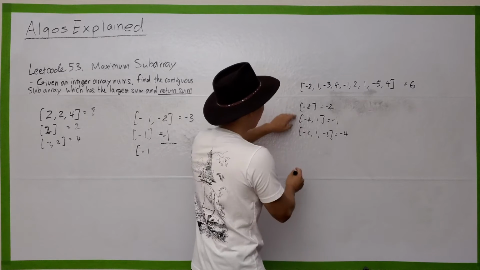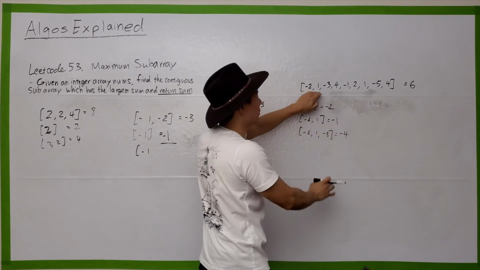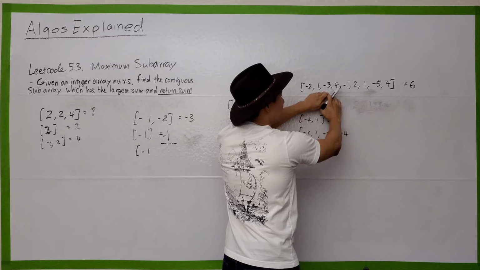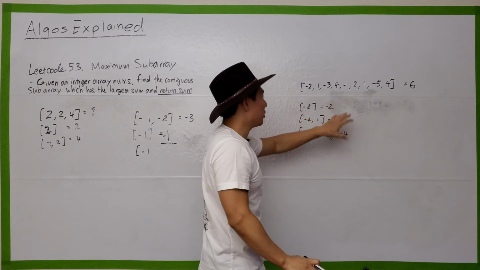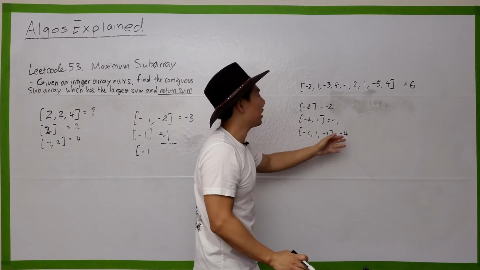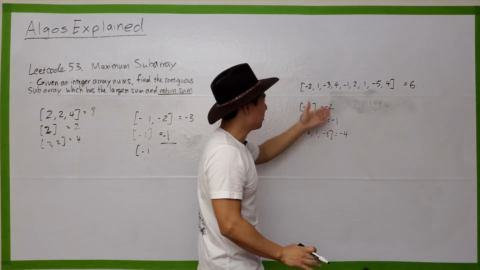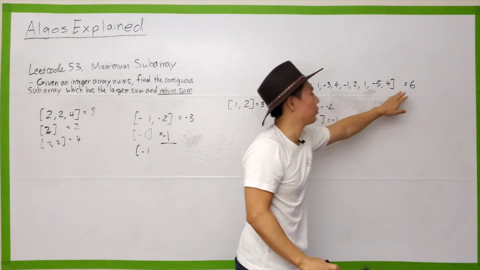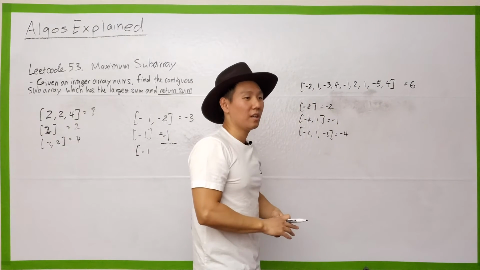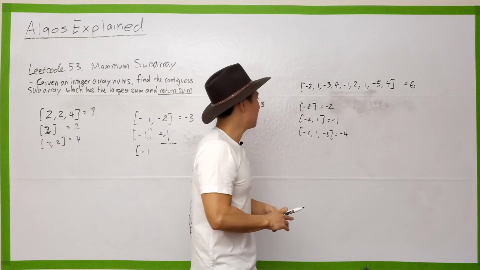And then did it for 2 and all the numbers, and then for 1 and all the numbers, and for -3 and all the numbers. That would give you every single sum possible of every single subarray. And then you could compare all those sums and you would have ended up with 6. But that is the worst thing you can do.